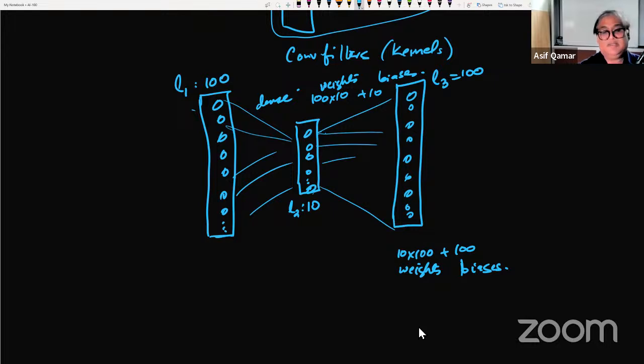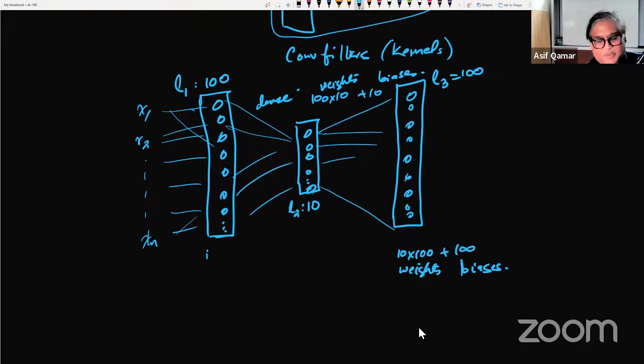L1 is getting its weights from the inputs X1, X2, Xn, so it has as many weights as there are inputs. But let's say I get an input which itself is 100.